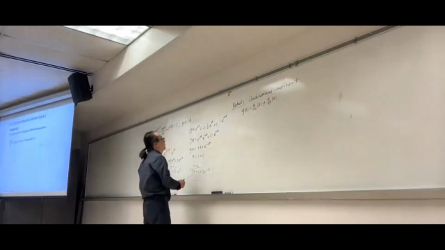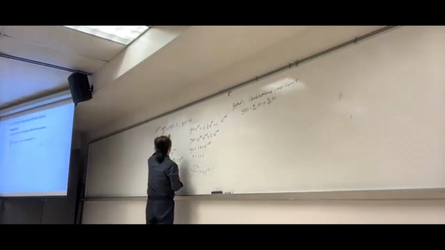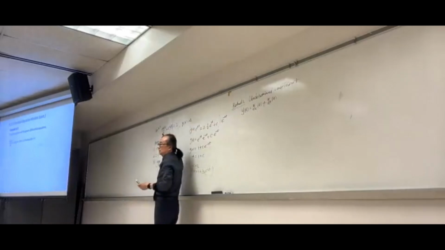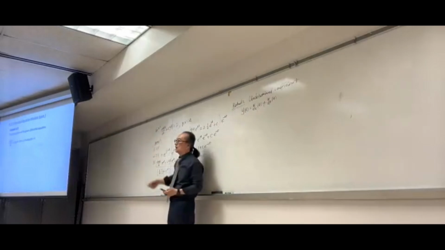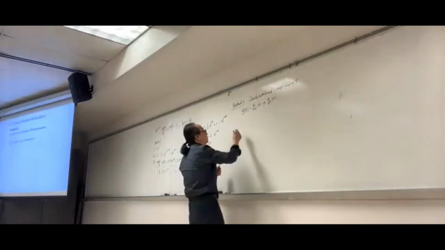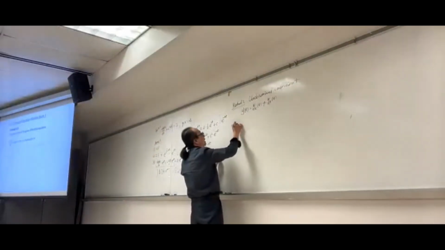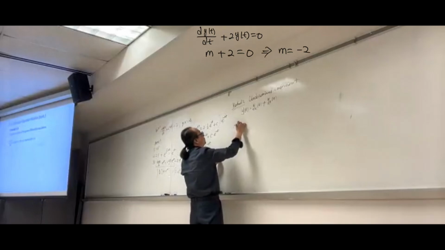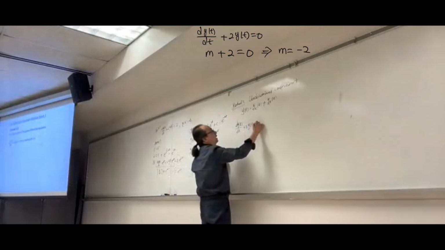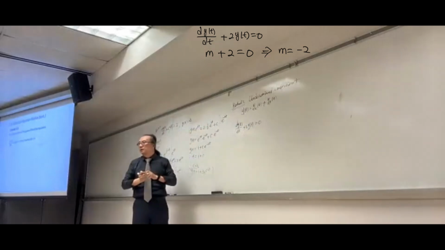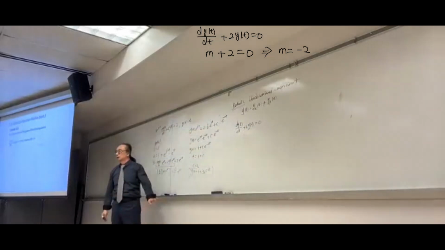For yc of t, we use the left-hand side of the differential equation, and for yp of t, we use the right side. So on the left-hand side, we have dy of t over dt plus 2y of t, and we let that equal 0, making it a homogeneous equation.